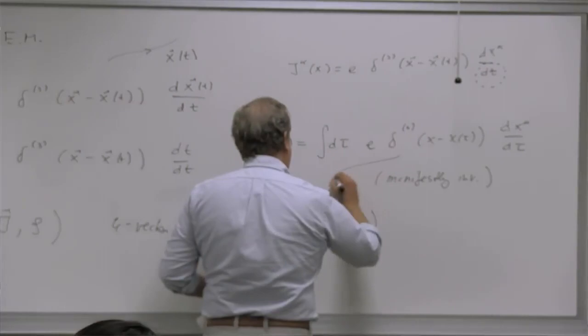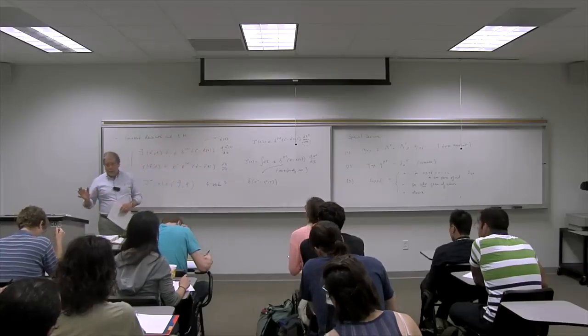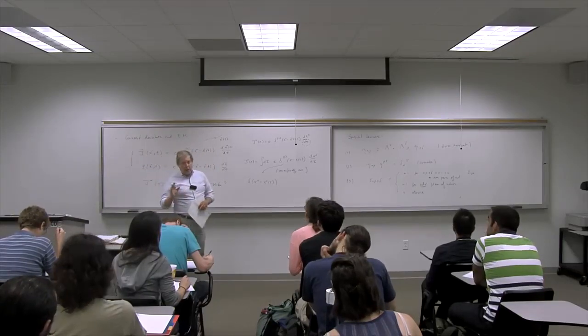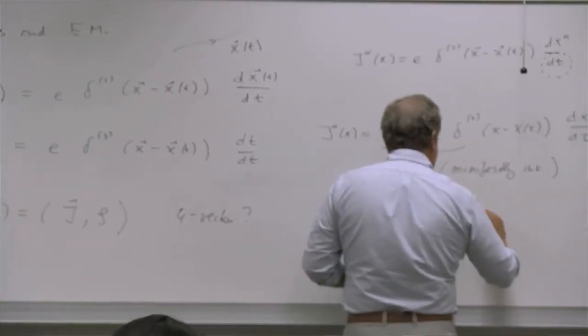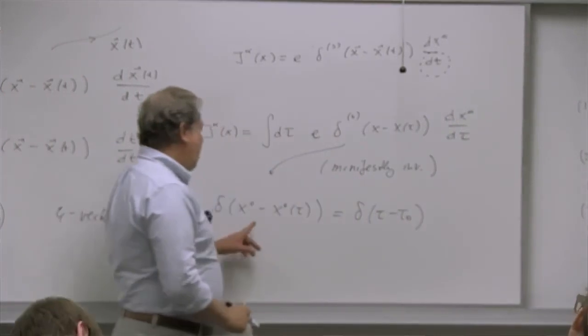So that's one piece of it. A 4-dimensional delta function is a product of 4 deltas, just like a 3-dimensional delta function is a product of 3. So this one can be written as delta of tau minus tau naught.